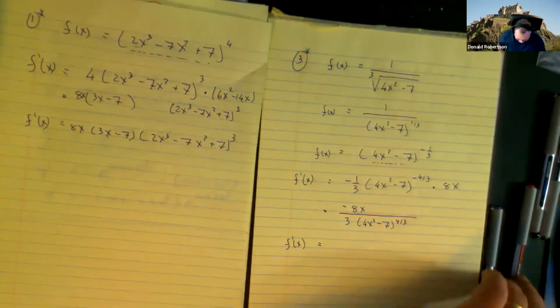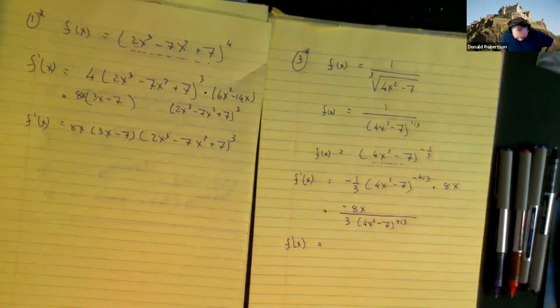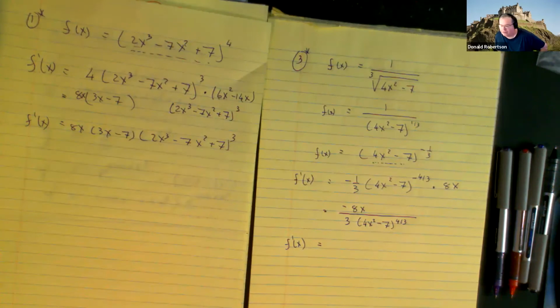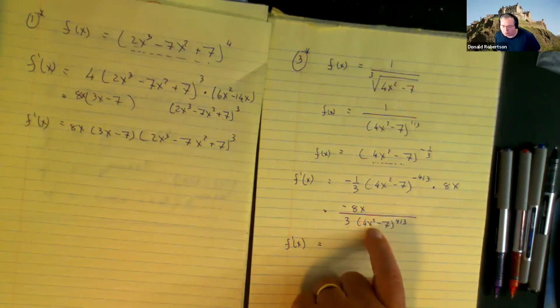But the 3 rules of style points are always going to be there. Rule number 1, make it look like the original. Rule number 2 was used here, factor the heck out of it. And rule number 3 is, if it's a trig function, look for an identity that might make it nicer. Well, we don't need to worry about rule number 3, but I do need to worry about rule number 1.